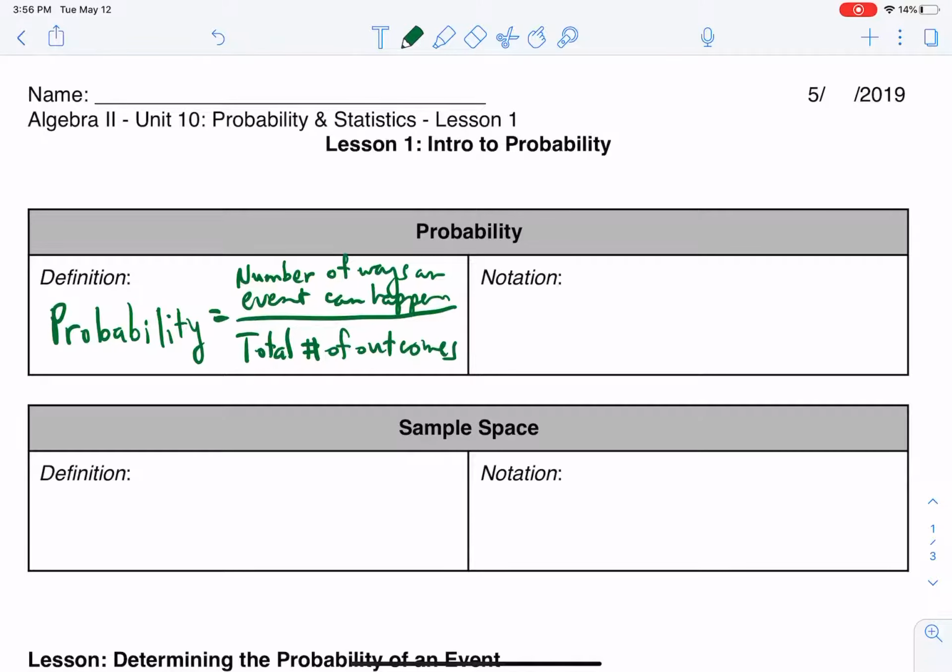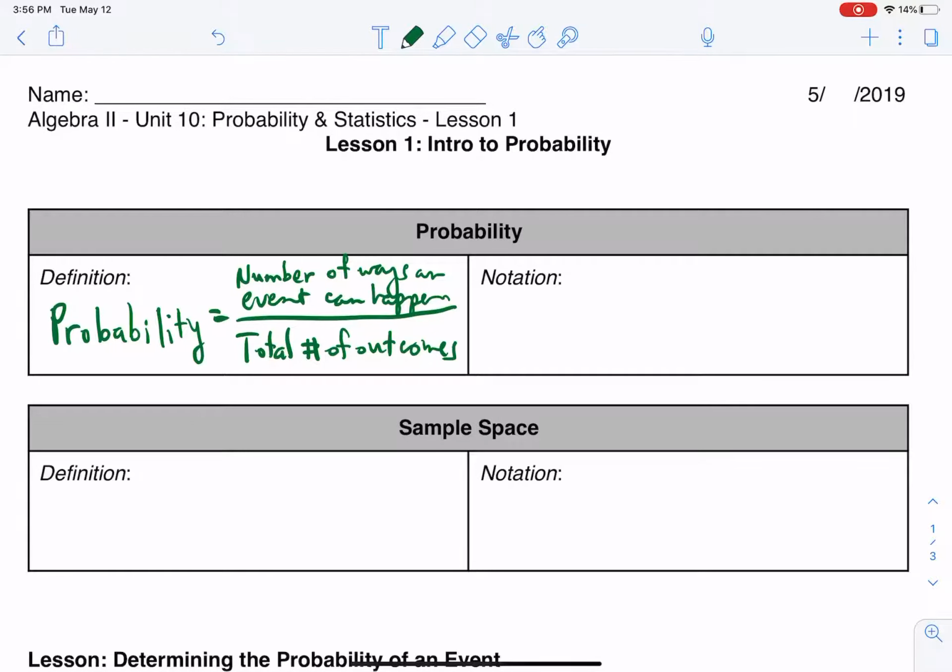So the classic example of probability is flipping a coin. There are two possible outcomes there. You either land on a head or on a tail. And the total number of outcomes is 2.